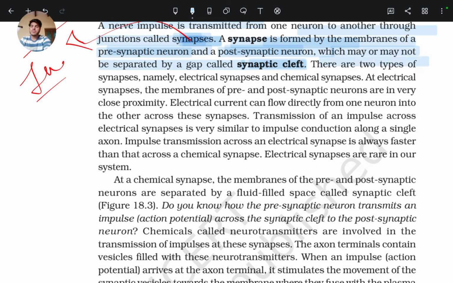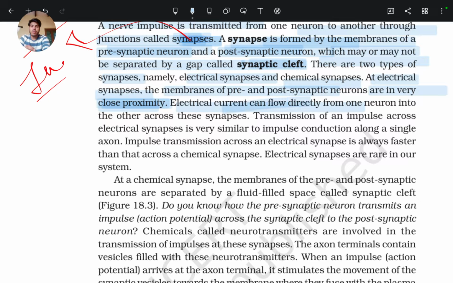There are two types of synapses, namely electrical synapse and chemical synapse. In the case of electrical synapse, the membranes of the pre and post synaptic neurons are in very close proximity, or directly touch each other, with no synaptic cleft between them.